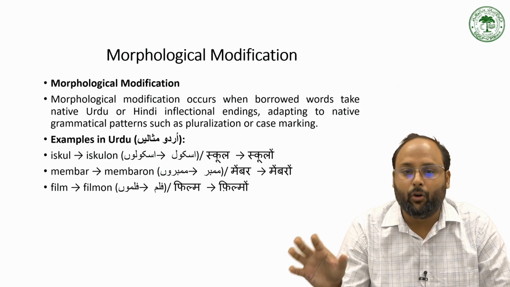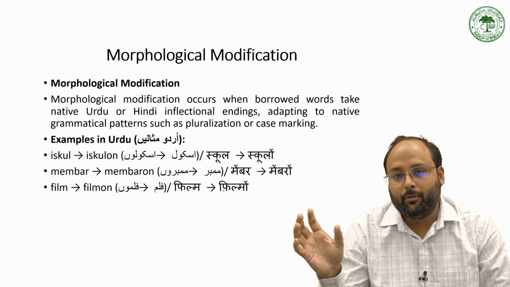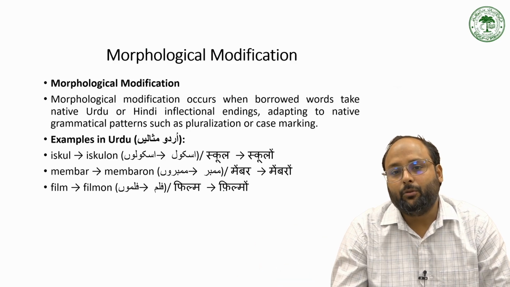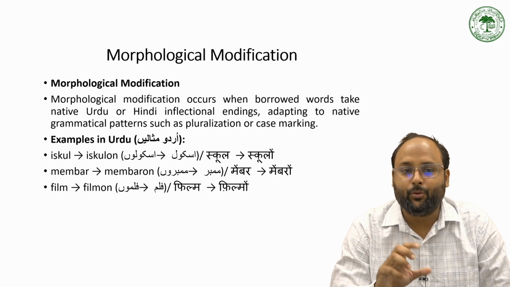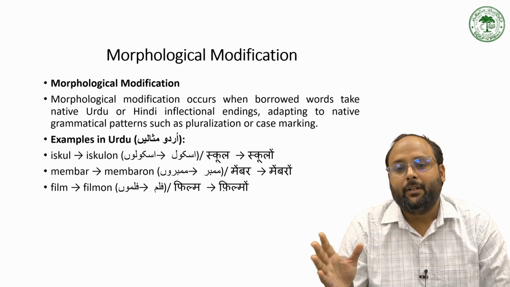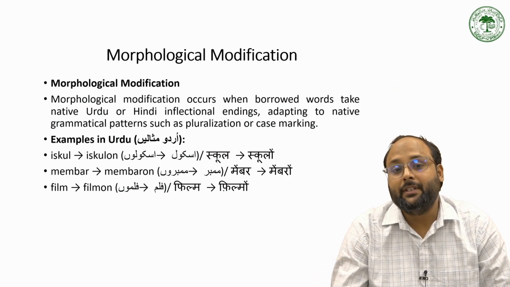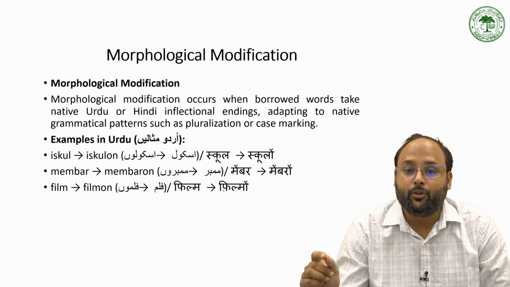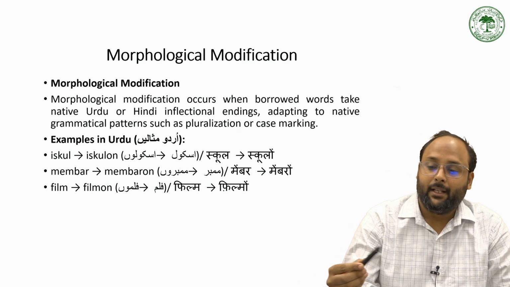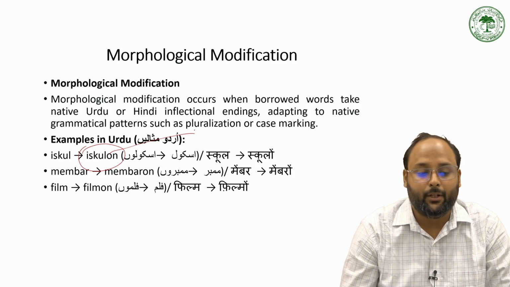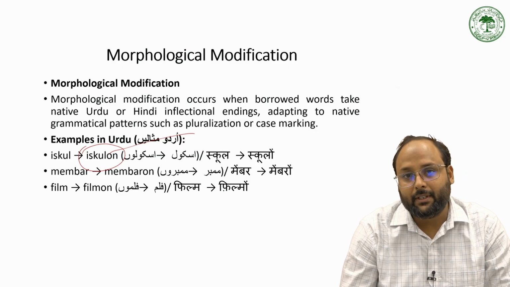So we add all these modifications from our language, like Hindi, Urdu. We borrow one word like school, and when we make it plural, we cannot say schools, but we say schoolo. So schoolo is the morphological modification in Urdu Hindi, and school is the foreign word that we borrowed.